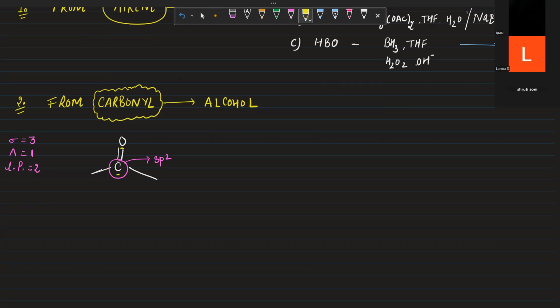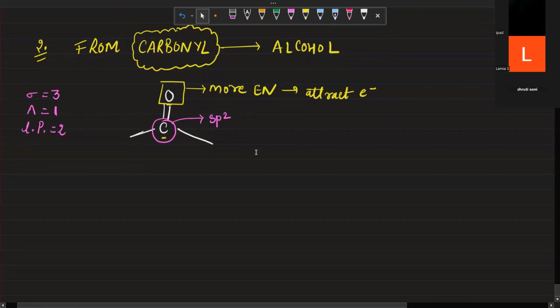If an element is more electronegative, then it attracts electrons. If it attracts electrons, don't you think it gains some sort of partial negative charge?